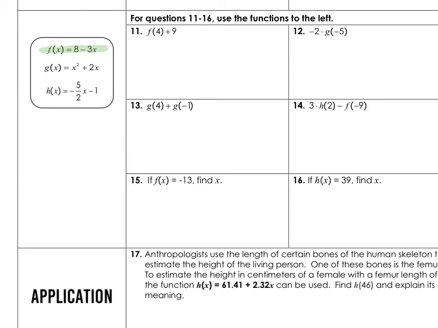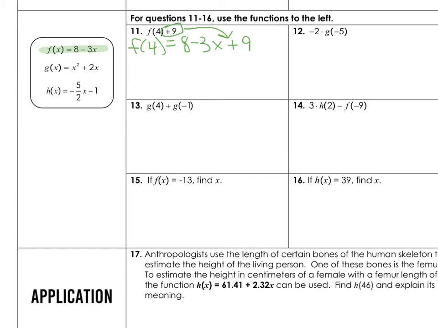I'm going to start off the same way. F of 4 equals 8 minus 3x. I'm just pulling that equation over. And what I have here though is I have that plus 9 tacked onto the end. So all I did was I pulled over the f of x equation from the left.